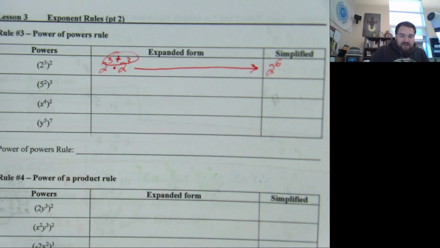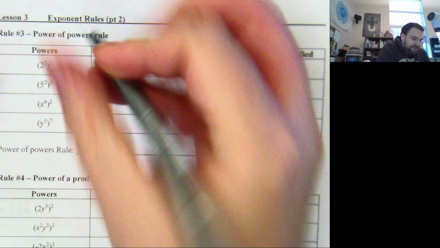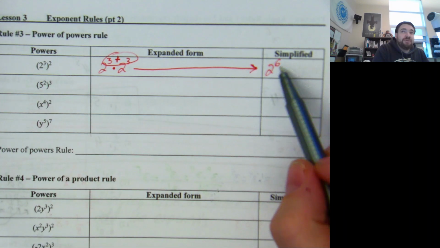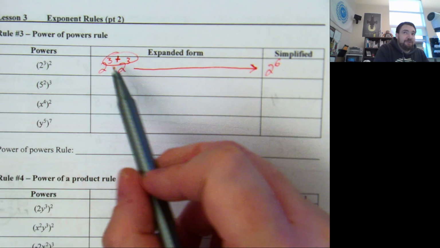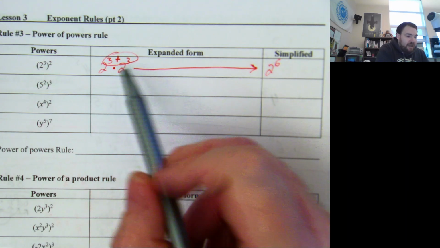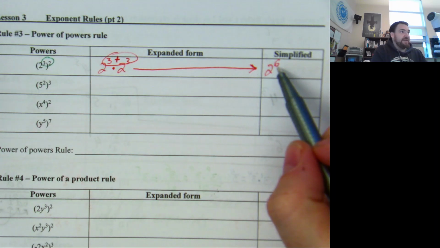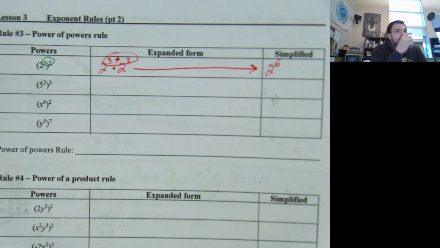Now, if you take a look at where we started with this, 2 to the 3 squared, and we ended with 2 to the 6 after we applied that first exponent law we looked at yesterday. How can I use 2 and 3 to just jump straight to the end here? How can I use 2 and 3 to get 6? Garrett.